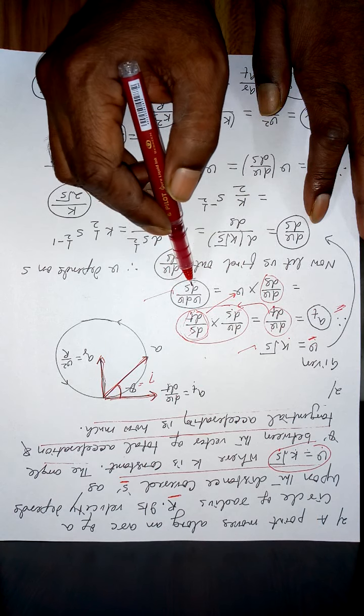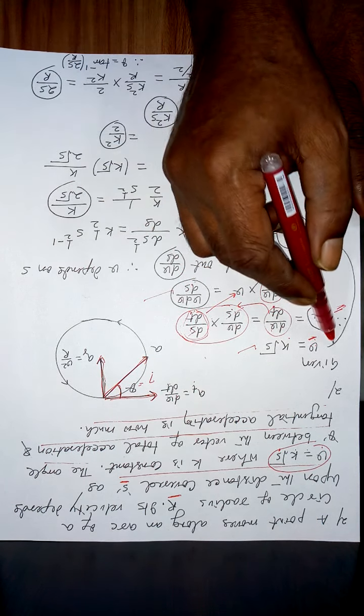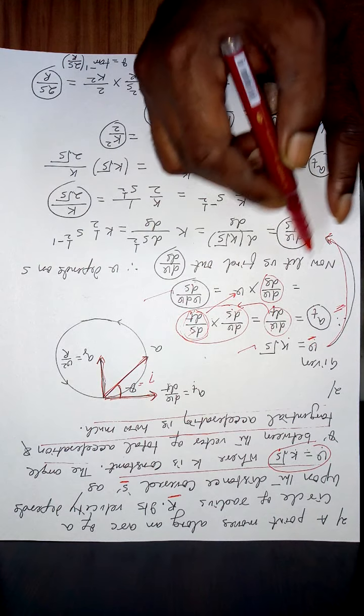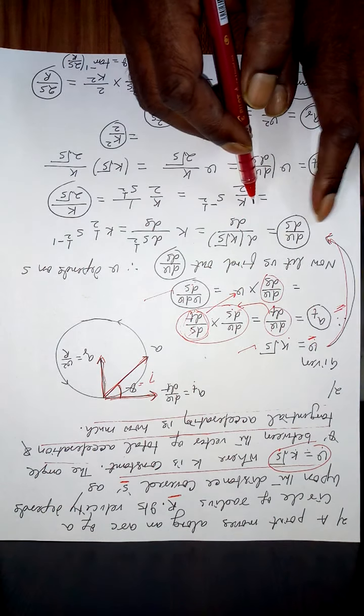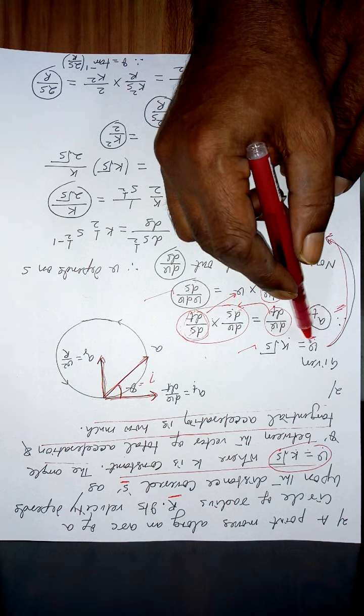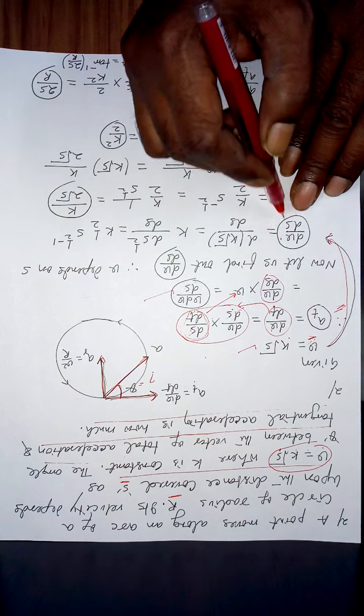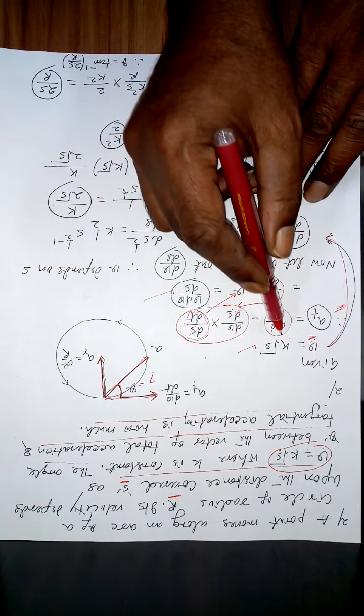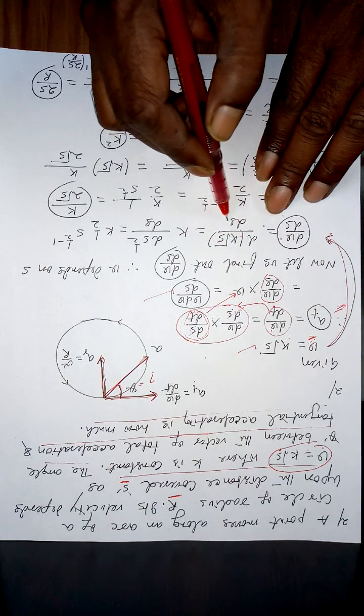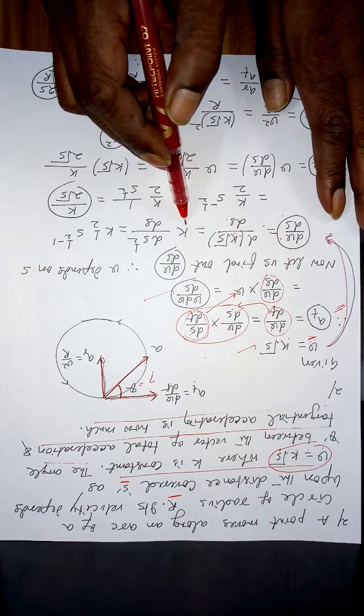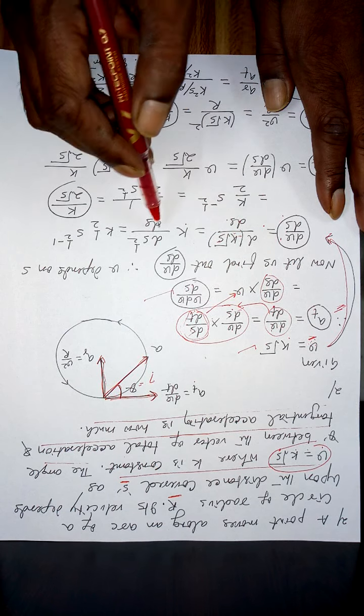Now to find dv by ds, I have to go back here. V is k square root of s. So differentiate this with respect to s. So dv by ds is equal to the derivative of k square root of s over ds. K is a constant, so it is taken out. Square root of s I write as s to the power 1 by 2. So the 1 by 2 comes here and the power of s is reduced by 1.